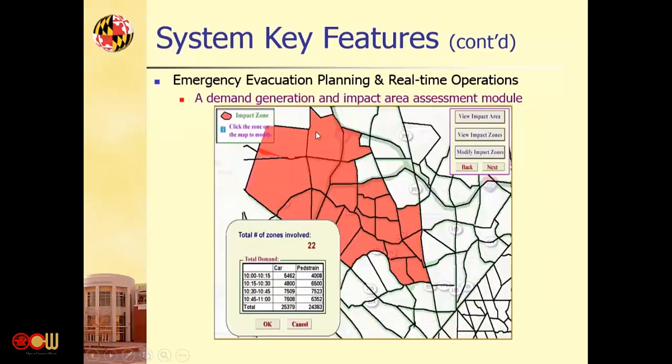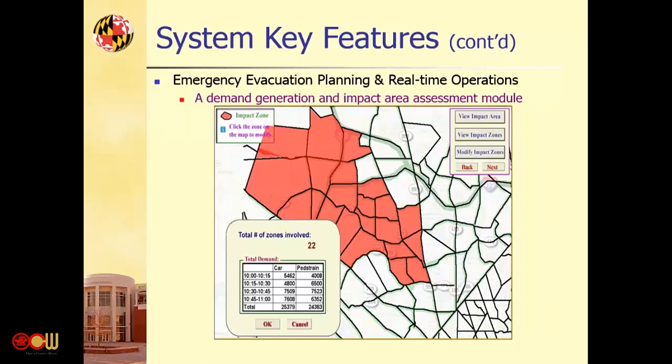And this is similar to the previous one. It does give you demand by time, okay? The traffic and demand conditions depend on the time. You can view the impact area with the impact zones, and also you can modify the impact zone.